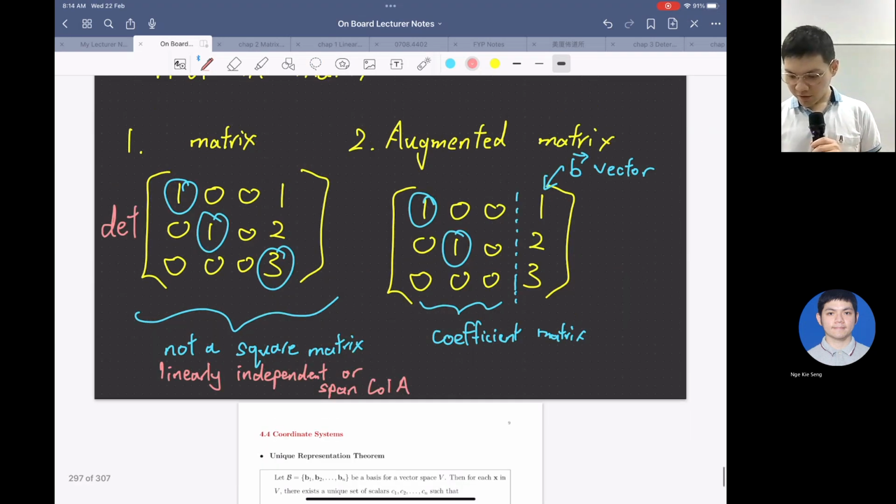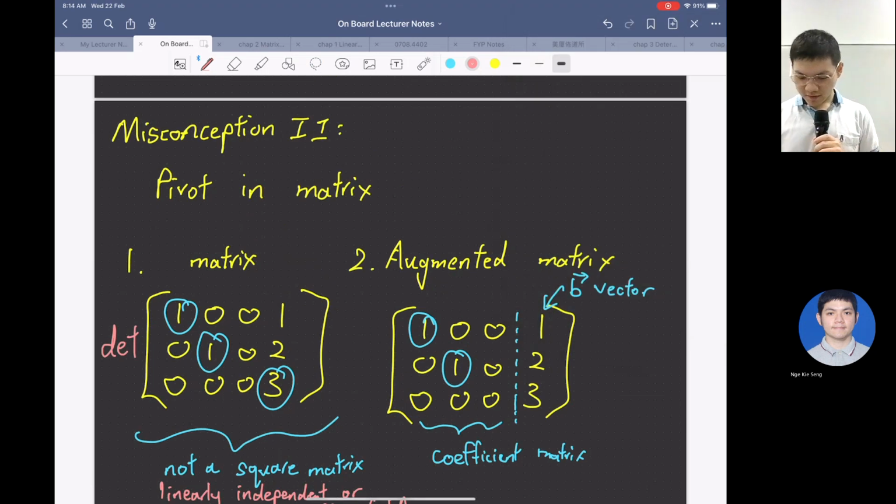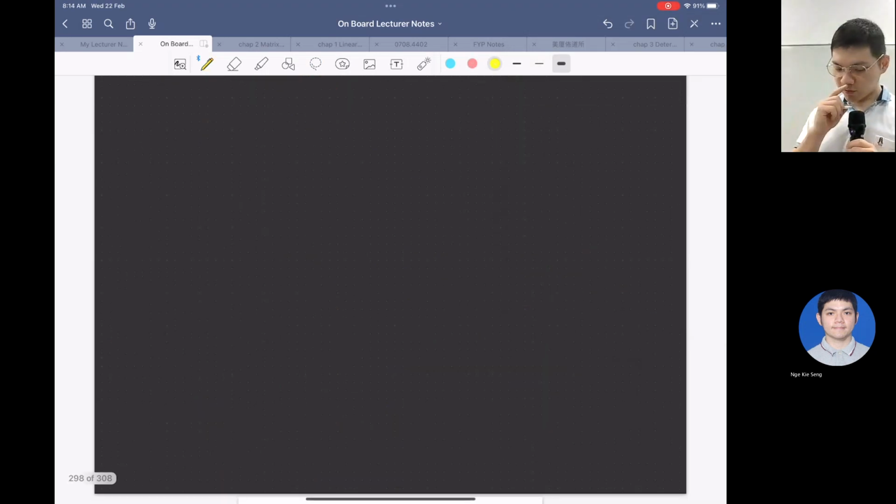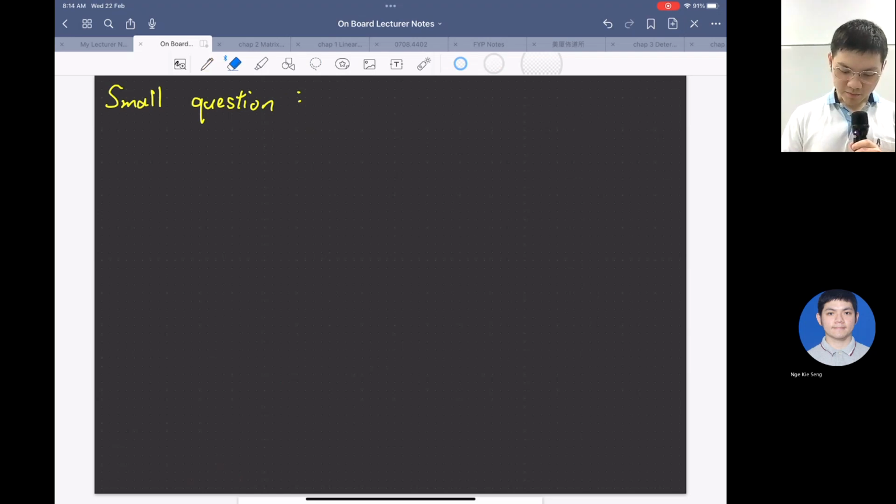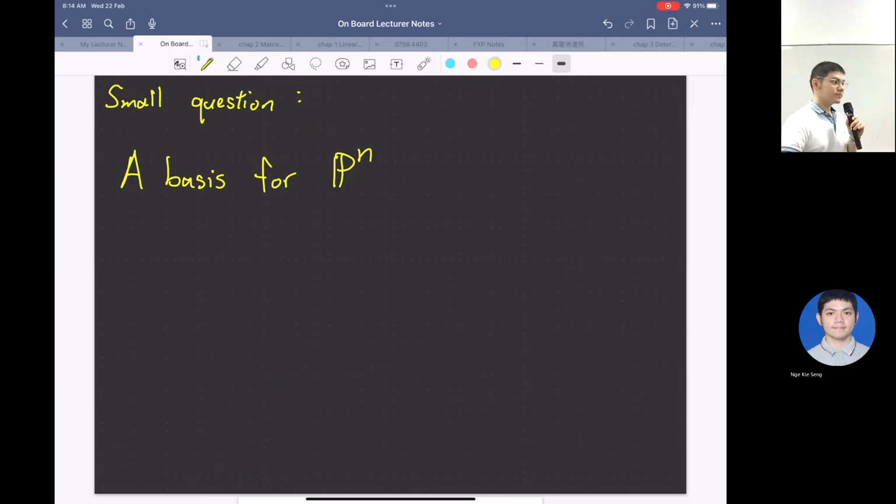So let's ask a small question before going to today's content. What's the basis for Pn? Polynomials of degree at most n.